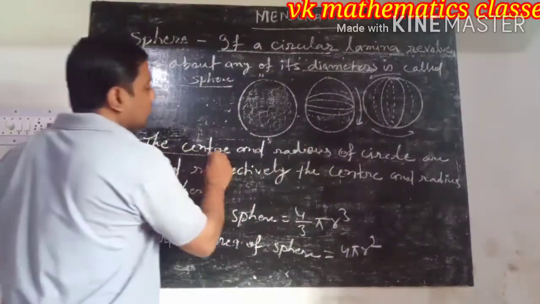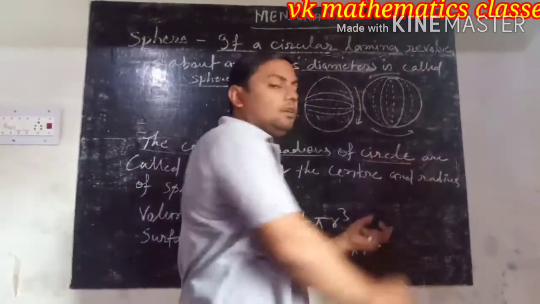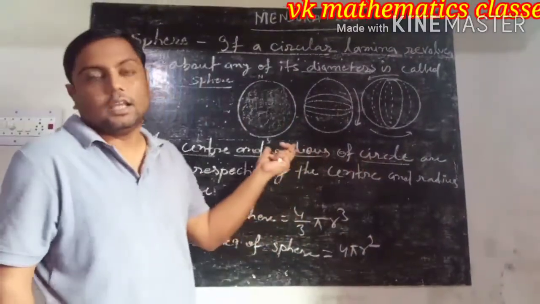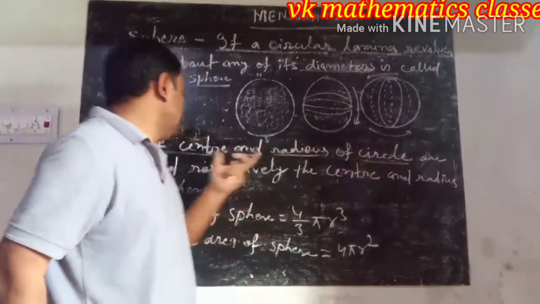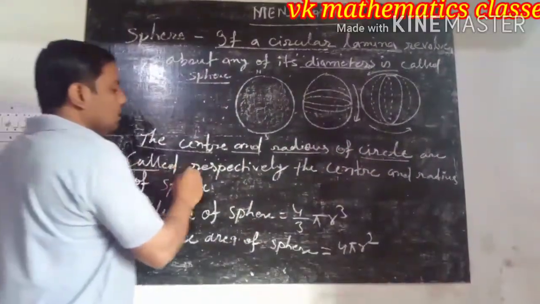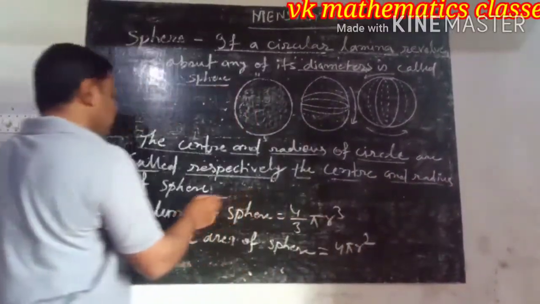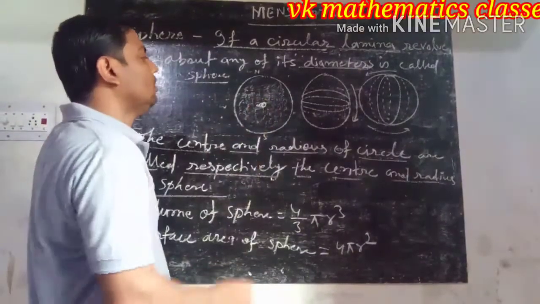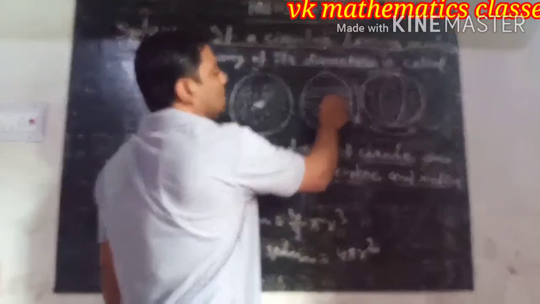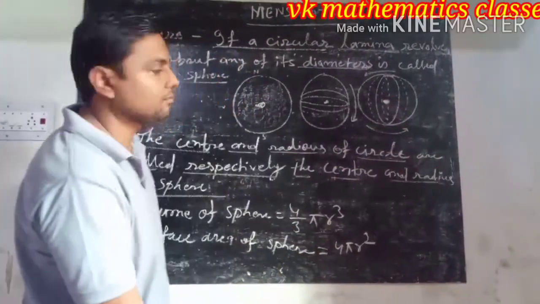The center and the radius of the circle are called respectively the center and radius of the sphere. This is the center of the circle, so this is the center of the sphere.